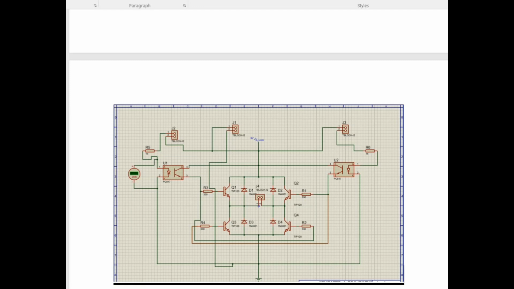After that comes the resistor and the diode. In the middle you see a motor. The motor is connected with four diodes, okay? The diodes are further attached to the BJTs, which are NPN, and these are attached to the resistors R1, R3, R4, and R5. R3 is connected to the PC817, which is U1, and the same R3 is connected with R2.